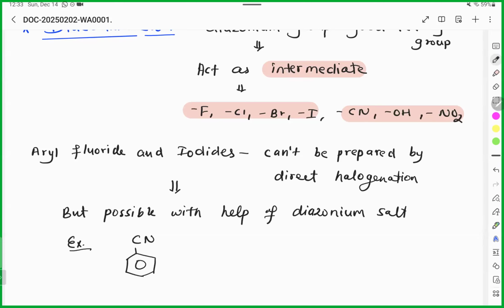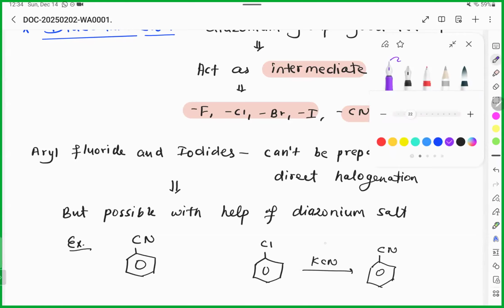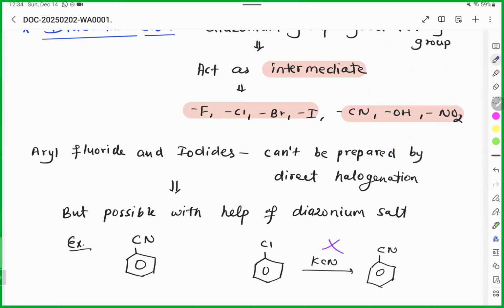Directly, it is not possible. You cannot introduce it by nucleophilic substitution reaction. Like you take this and add KCN and form CN, this is not possible. Why? Nucleophilic substitution reaction in aryl compounds, right?